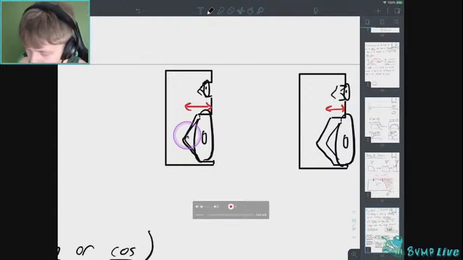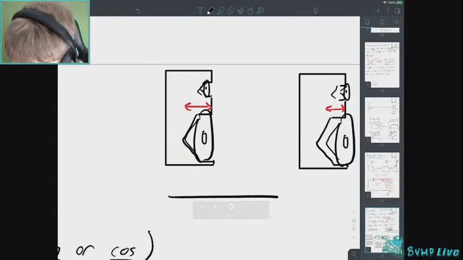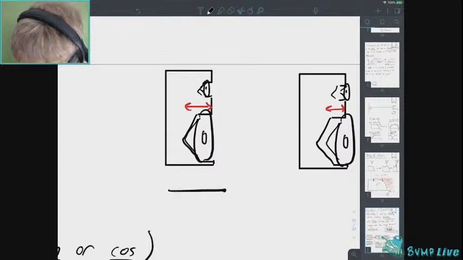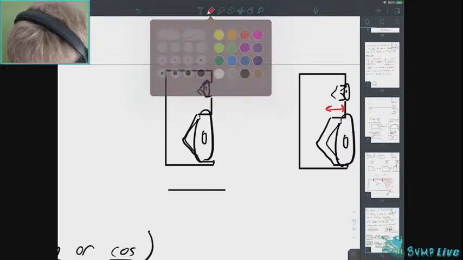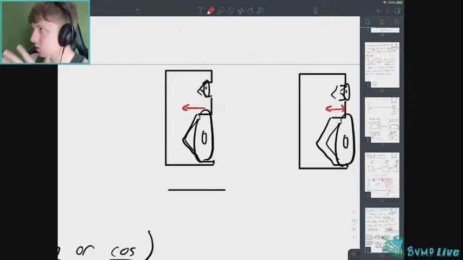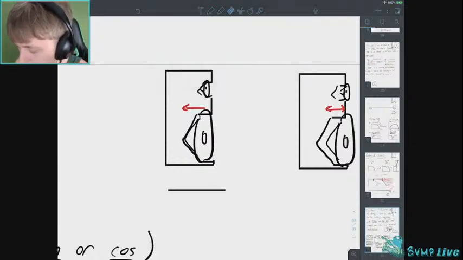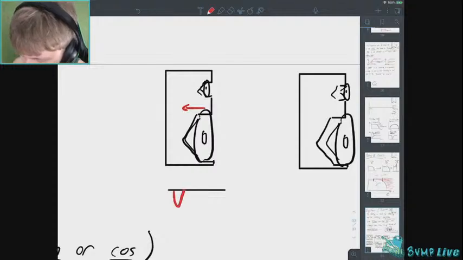So this is all of the stuff in the waveform. I should draw it like this. When the speaker cone is being sucked back into the box it's in, it's all of the stuff on the bottom side of the waveform.